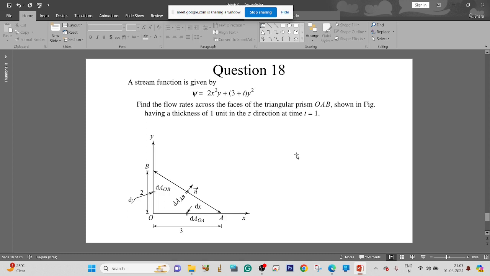This is a different question. We need to find the flow rate, and we already know the relation between flow rate and the stream function, right? Yes, ma'am. So calculate this.